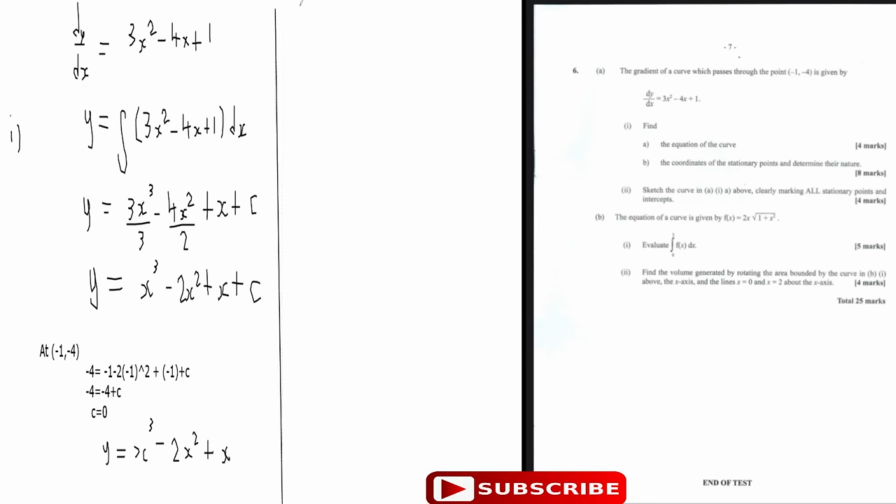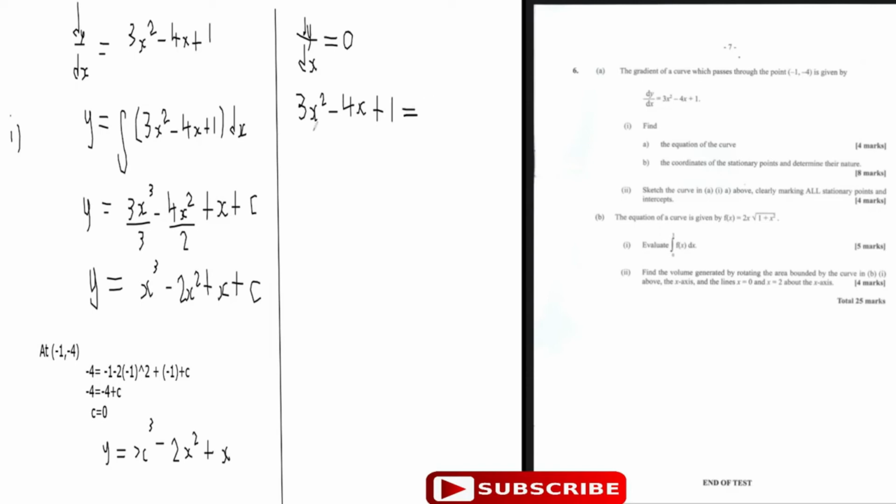We go ahead and solve dy by dx equal to 0. By solving dy by dx equal to 0, we are solving 3x squared minus 4x plus 1 equal to 0.